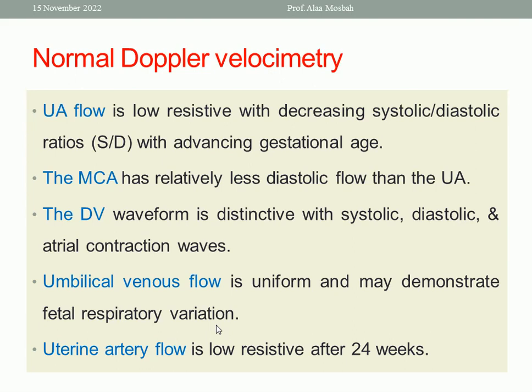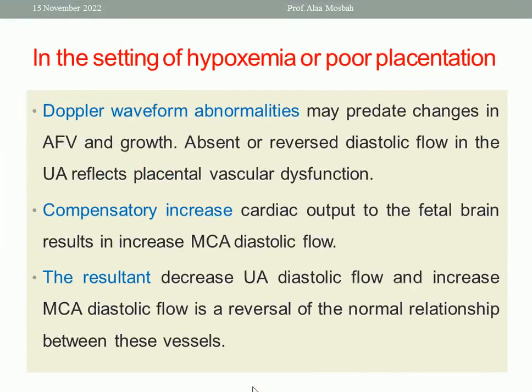The ductus venosus waveform is distinctive with systolic, diastolic, and atrial contraction waves. The umbilical venous flow is uniform and may demonstrate fetal respiratory variation. Uterine artery flow is low resistive after 24 weeks.